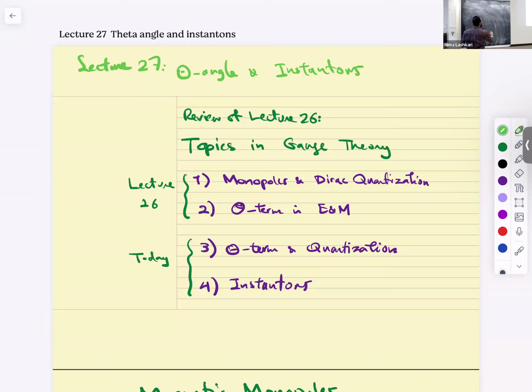Consider a non-trivial function of Euclidean space-time that solves the Euclidean equations of motion. That's called an instanton. A non-trivial solution. Now, often these are non-trivial topological field configurations. We're going to give examples of that, right? So they're very important in many ways, but we're going to discuss that. We're going to discuss instantons today in the context of gauge theories.